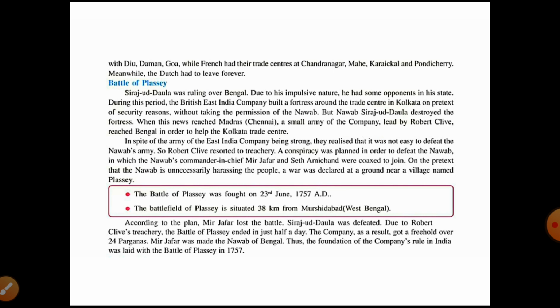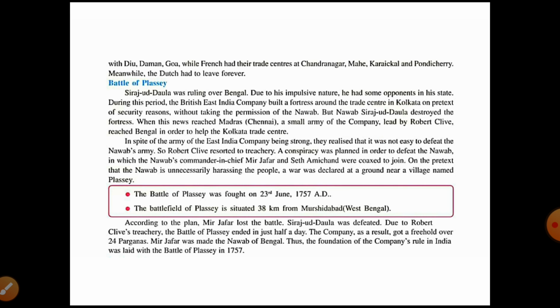The first is Commander-in-Chief Mir Jafar, and the second is Seth Amir Chand. They joined the Britishers; they were no longer part of Siraj-ud-Dowlah's army. The British gave them a bribe, and that's why they joined the British army.